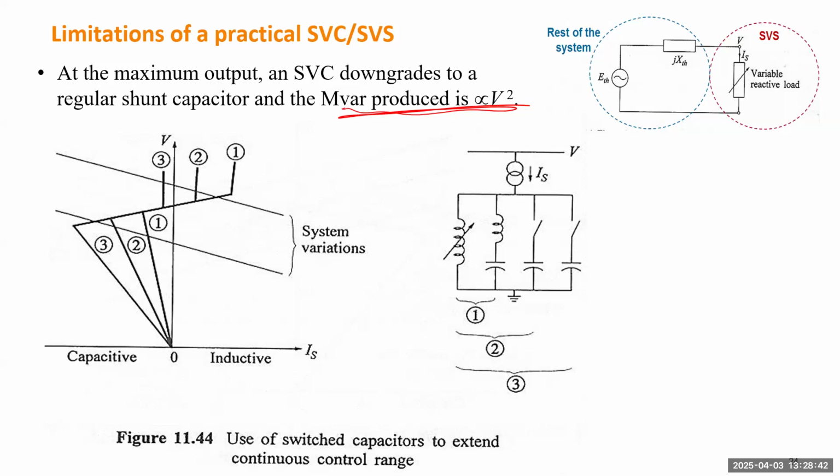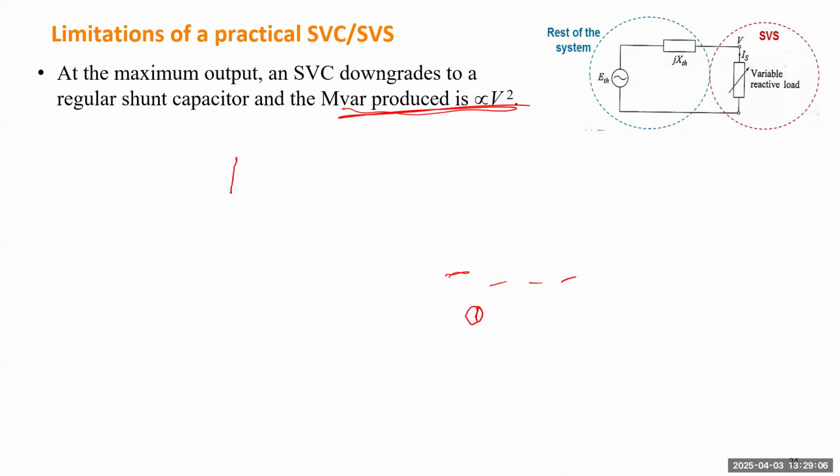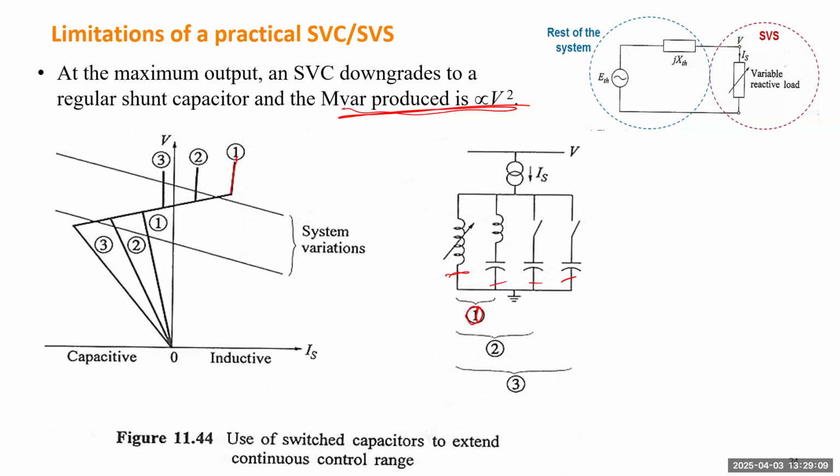Now let's assume it has a single adjustable reactor and maybe 3 capacitors in parallel connection. For condition number 1, I need the entire adjustable reactor, but only the first capacitor. So that will give you this characteristic.